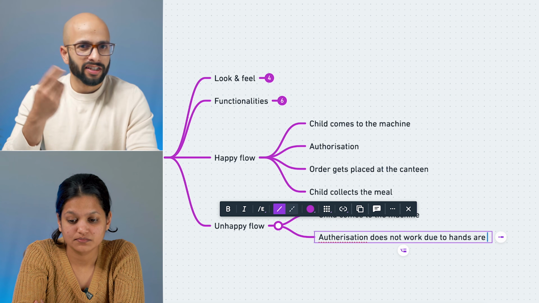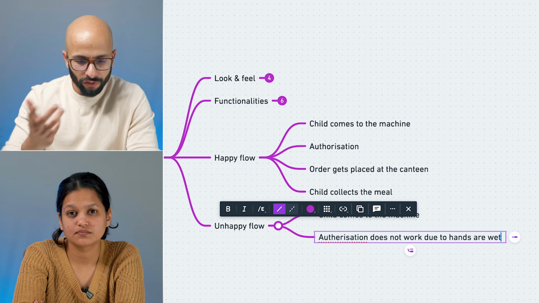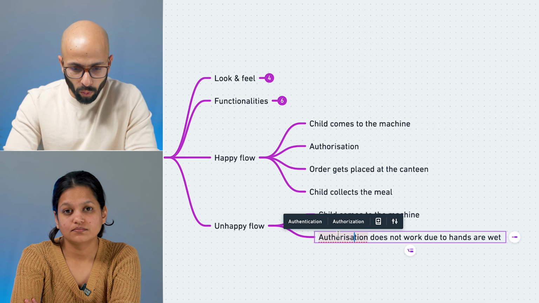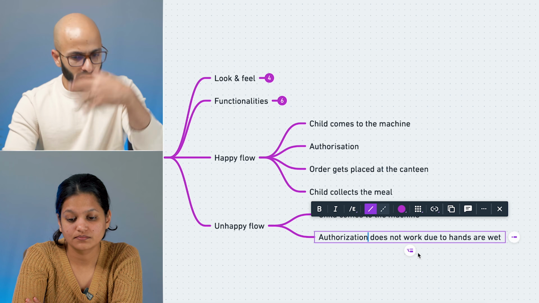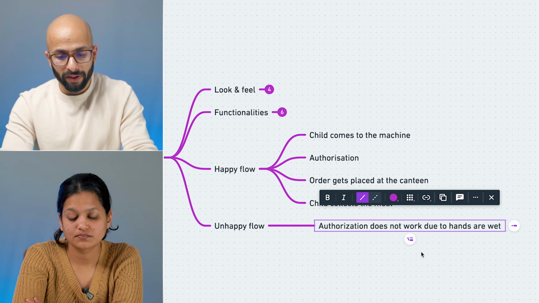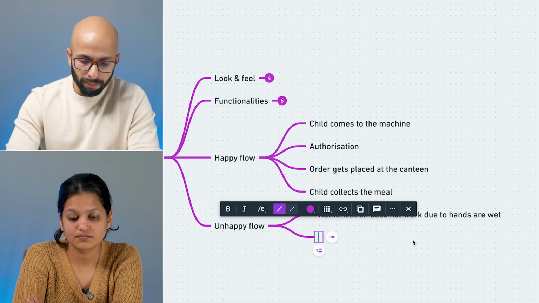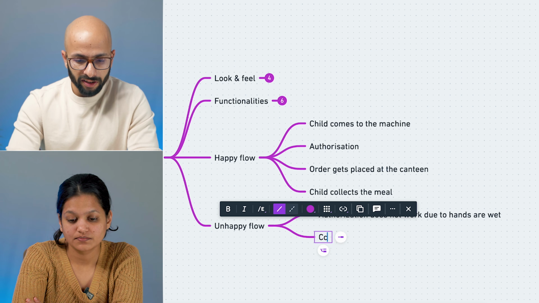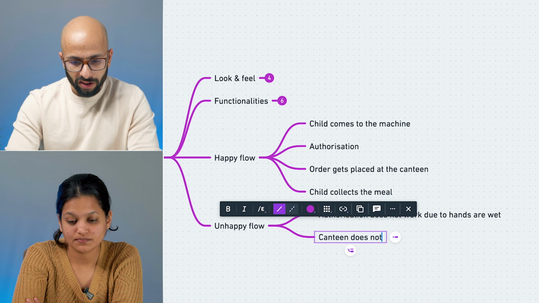Children's hands are wet, they're sticky, or for whatever reason. I'll just list down all the unhappy points that can happen. Authorization is done, but the canteen does not receive the order.